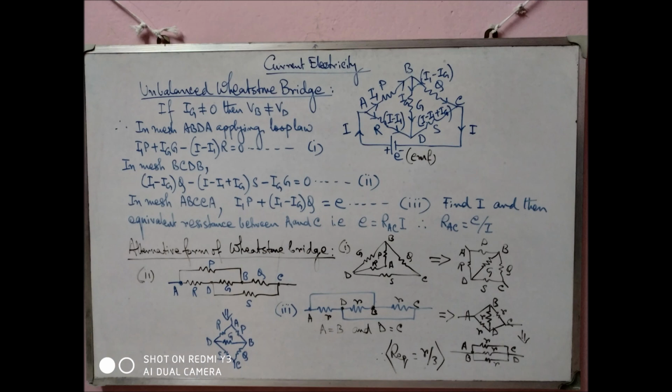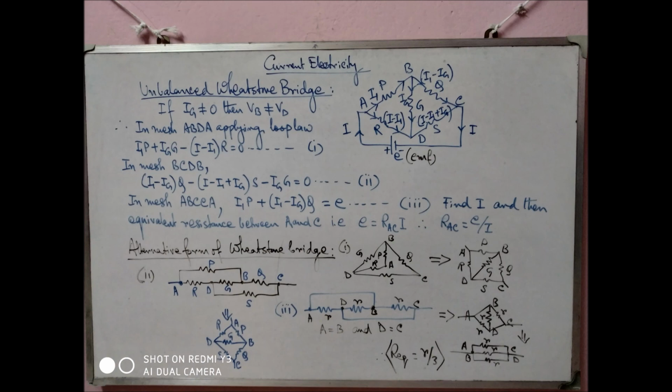Correct? Now the third one is actually not a form, it is actually a typical numerical, and this is a very common numerical, comes to every exam. Here we have joined A and B as well as D and C, and these three resistors are the same.